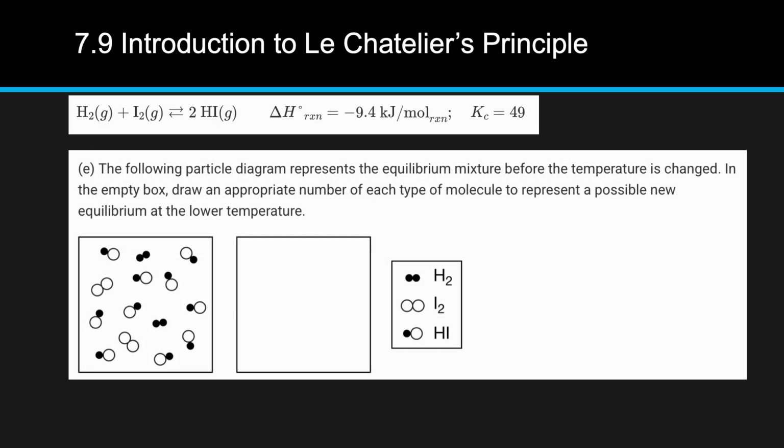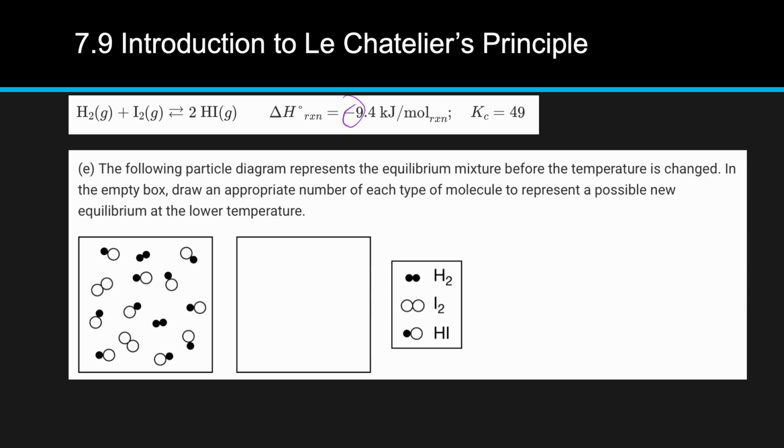So let's go through a couple example problems before we close out this lesson. This FRQ says the following particle diagram represents the equilibrium mixture before the temperature is changed. In the empty box, draw an appropriate number of each type of molecule to represent a possible new equilibrium at a lower temperature. So, looking at the equation above, we can see that we have a negative delta H value.